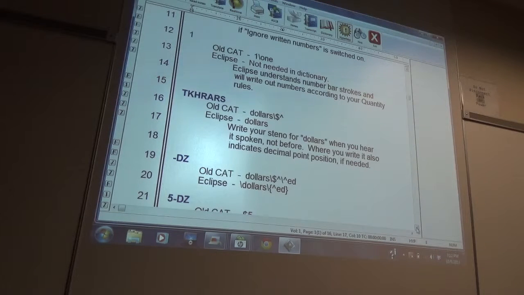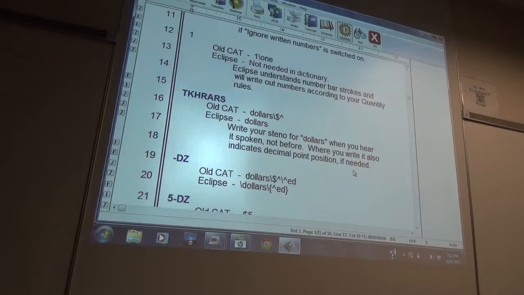Back in the day, if we wanted a dollar amount and knew it was coming up, we had to write dollars, then write out the number, then you knew to put it in as a dollar amount. You had to be on top of it to really know what's going on. Now it's easier. You don't have to do it that way. All you do is write the steno for dollars when you hear it spoken, not before.